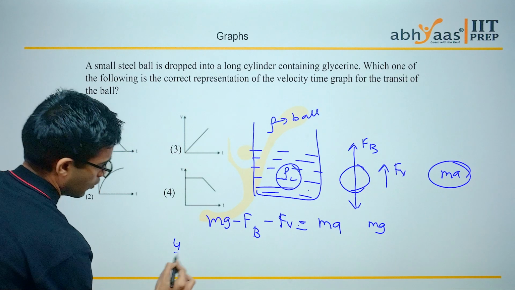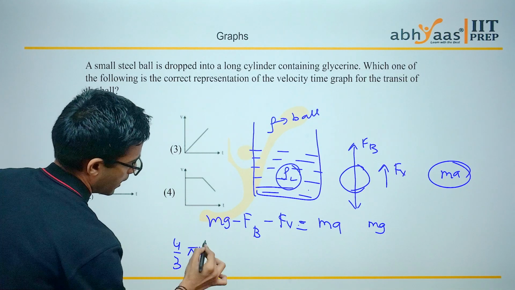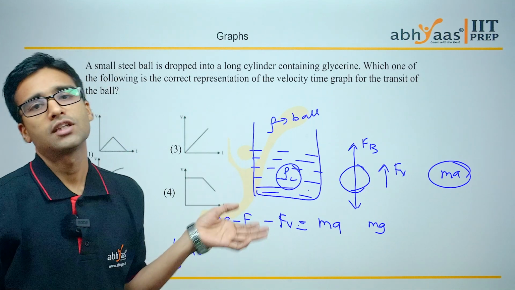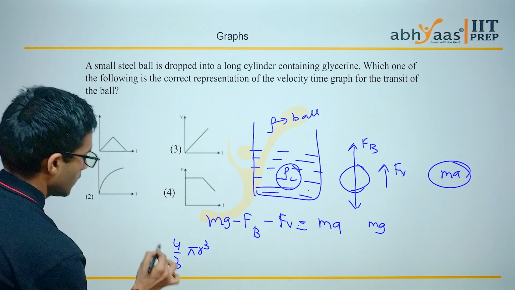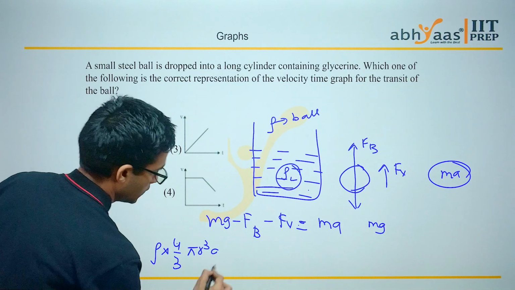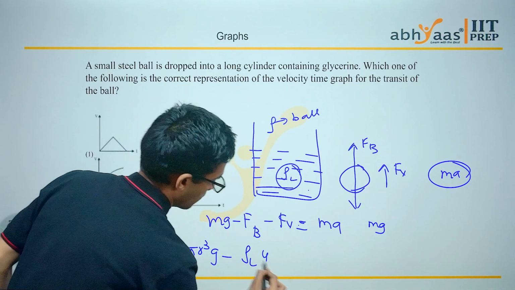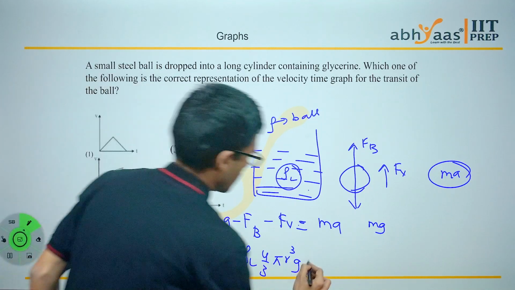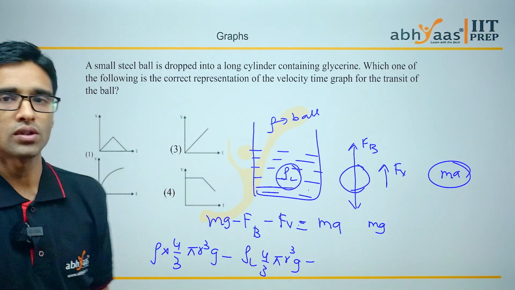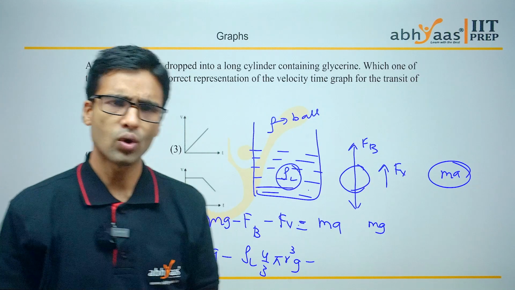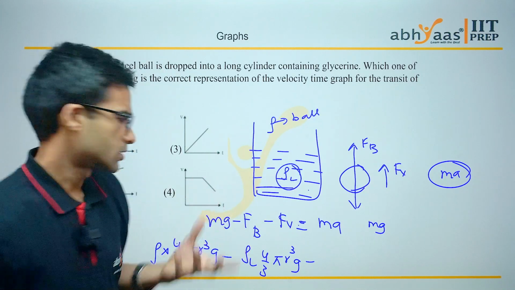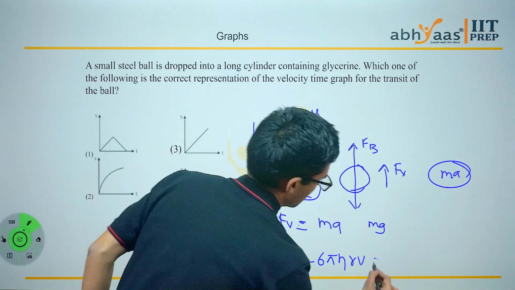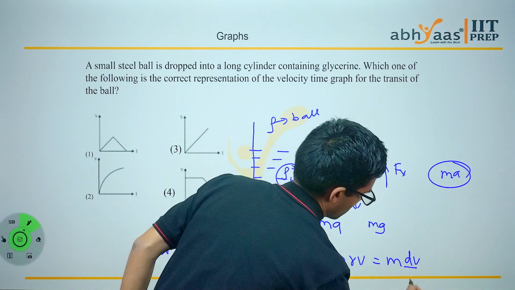You can write m as 4 by 3 pi r cube times density, because density equals mass per volume, so mass equals density into volume. So density into volume into g, minus rho L into 4 by 3 pi r cube g, this is the displaced liquid. According to Stokes' law, you know the viscous force due to the viscous liquid is 6 pi eta r v, equal to ma, that is m dV by dt.